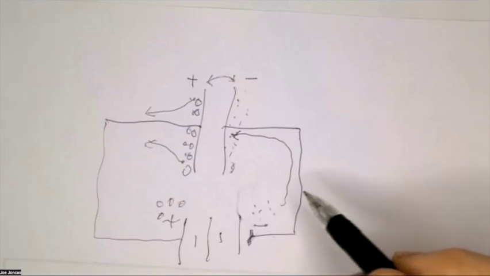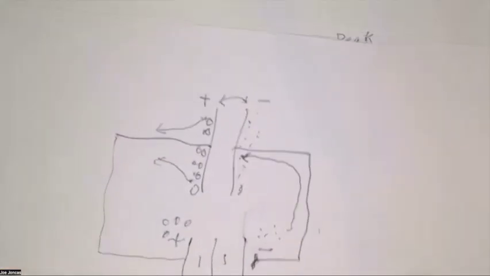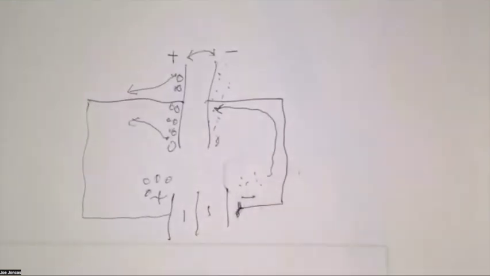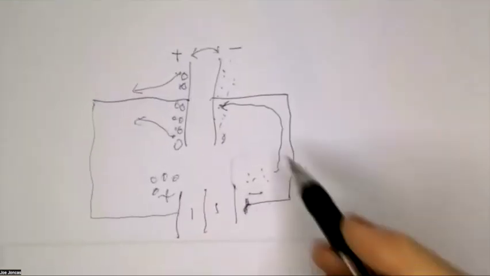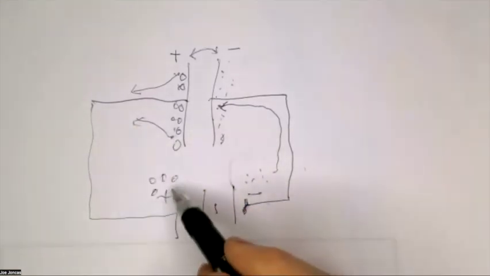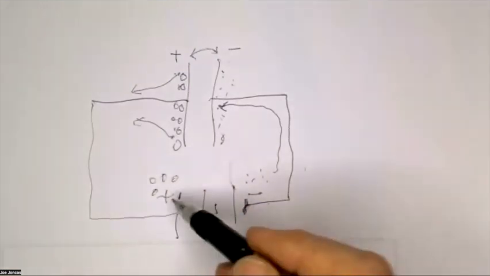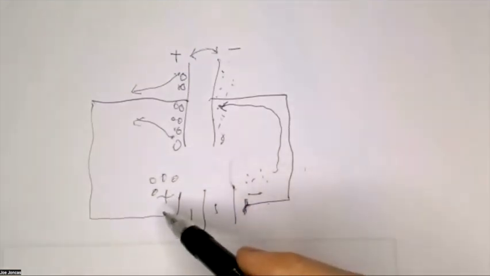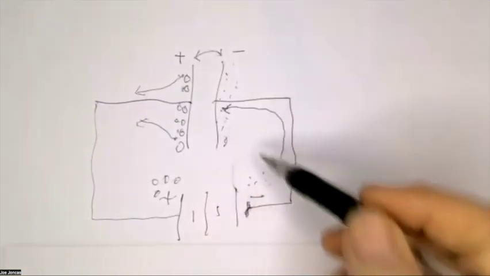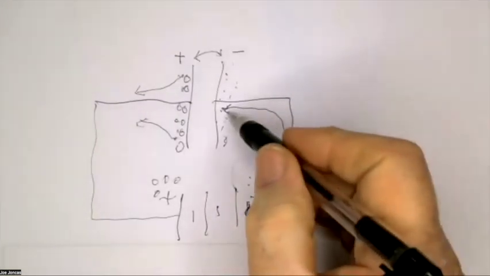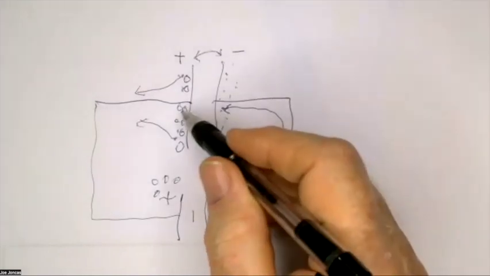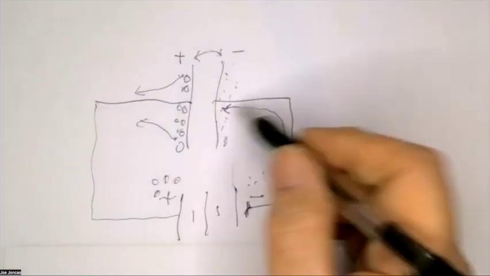But how does the DC even get into that circuit? Well, the battery is an electromotive force. It's trying to push electrons this direction, and trying to push holes this way. As soon as you put the capacitor in, the electrons flow this direction because these are holes over here, so they're attracted to them.